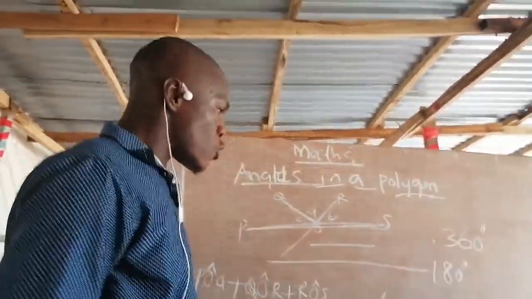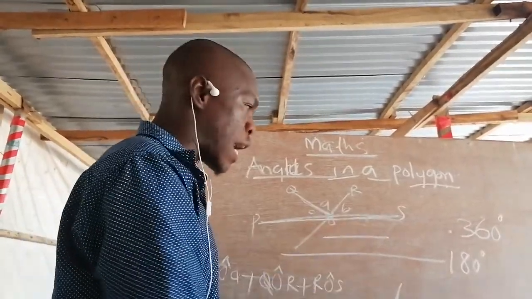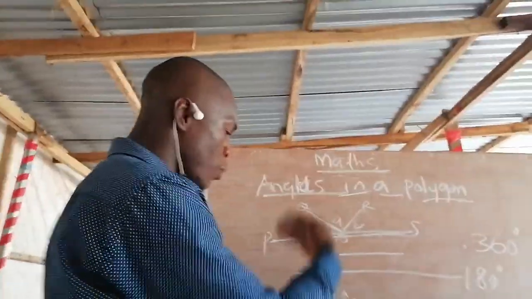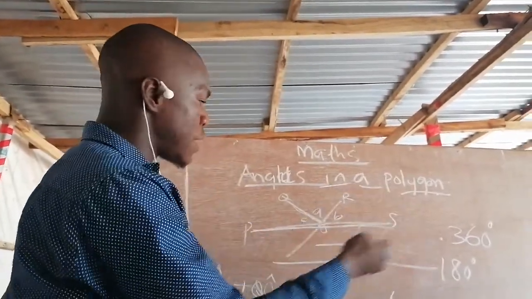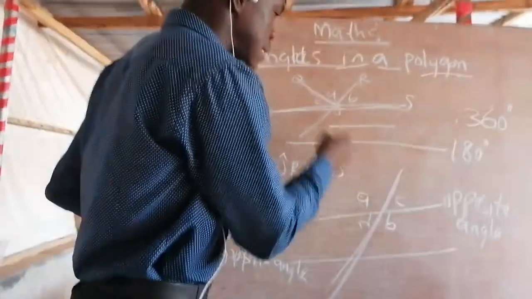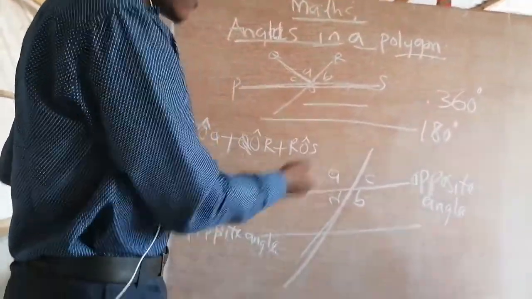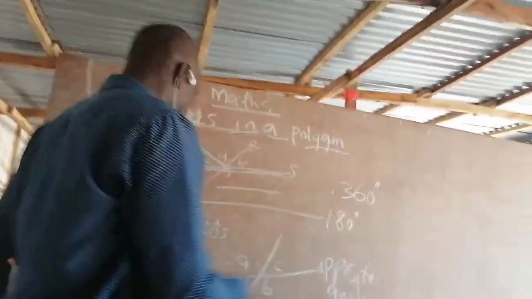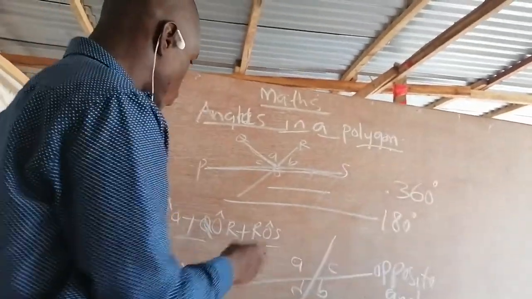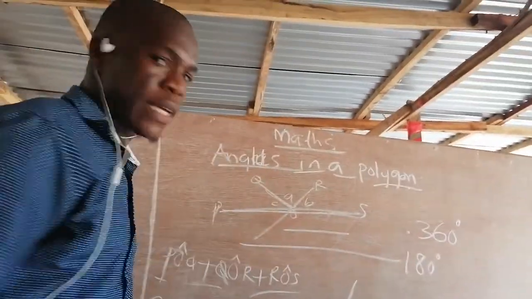So today we are going to go further. When we are going further, we'll just make a little recap of what we did in the previous class, so that we can get it. I believe that you understand what I taught you in the previous class. So thanks.